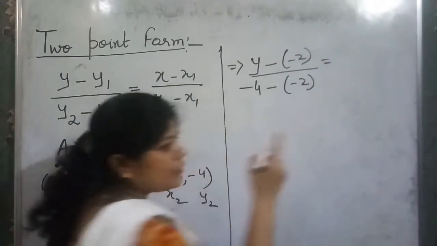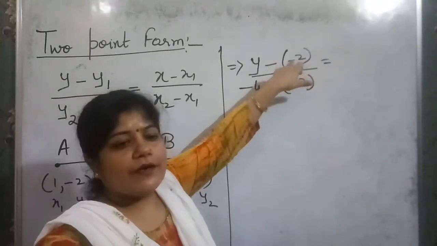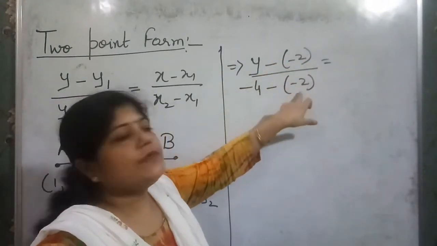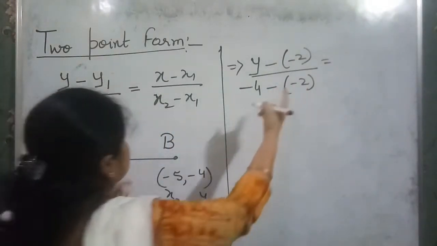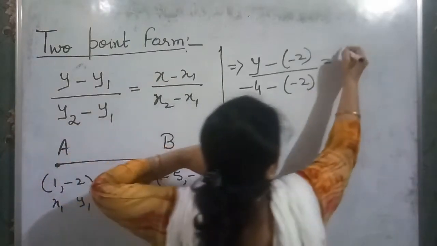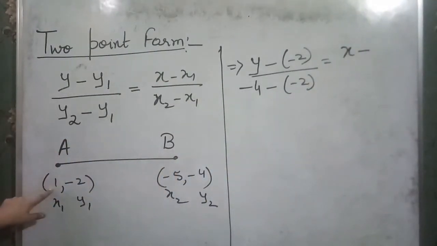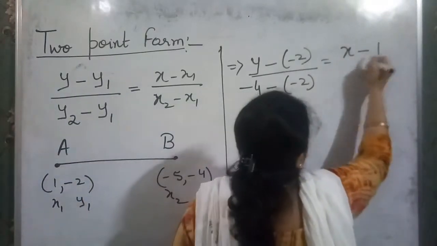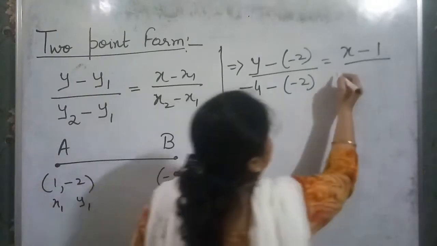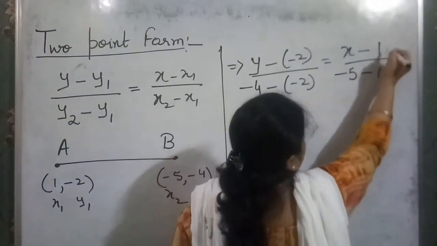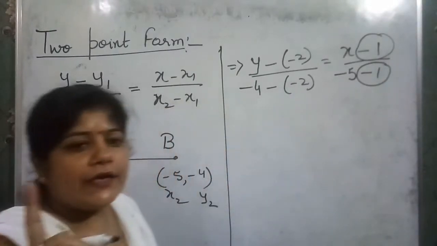Clear? You can observe one thing. The thing which I have written over here, minus 2, the same thing is there. Now further, x minus x1, that is 1, and x2 minus x1, that is minus 5 minus 1. The thing which is written over here, the same thing is there. Clear?